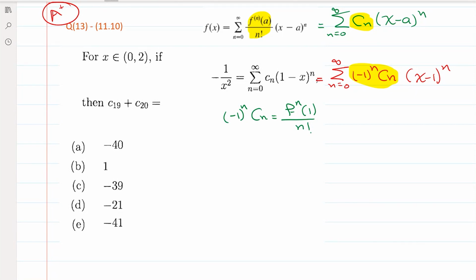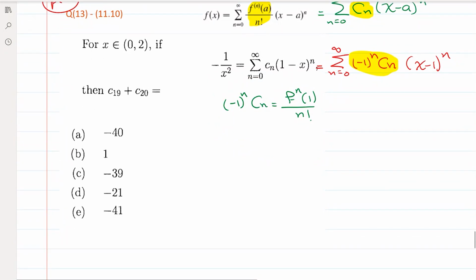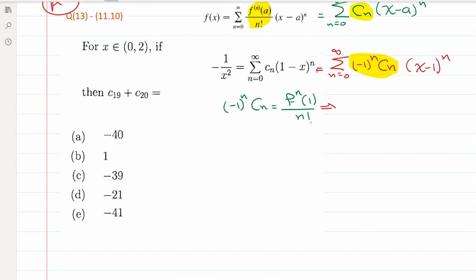Now, to solve this question, I need to find the nth derivative of the function given in the question. If you want Cn by itself, multiply (-1)^n on both sides. So it will be (-1)^n f^(n)(1) over n factorial. This is the key.